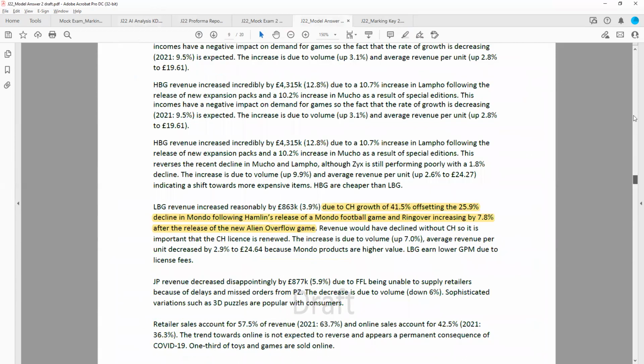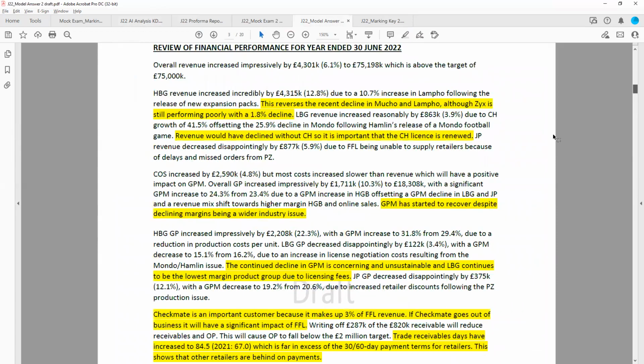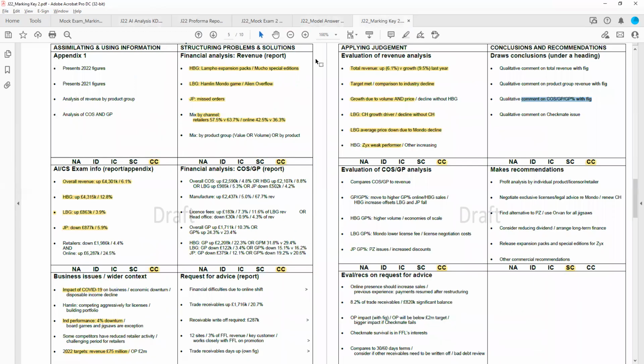And then for our exec summary, of course, as we know, a summary and a conclusion are inherently very similar. So of course, we know what's happened in the year. We know that overall revenue has gone up by this, and it's gone up by this, this, and this. These are the numbers. This is what's happened in the year. These are factual.